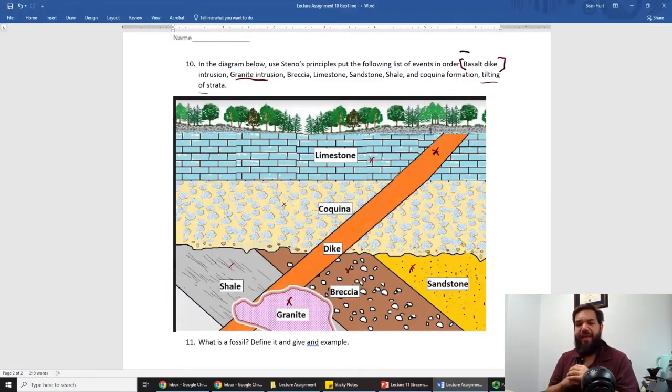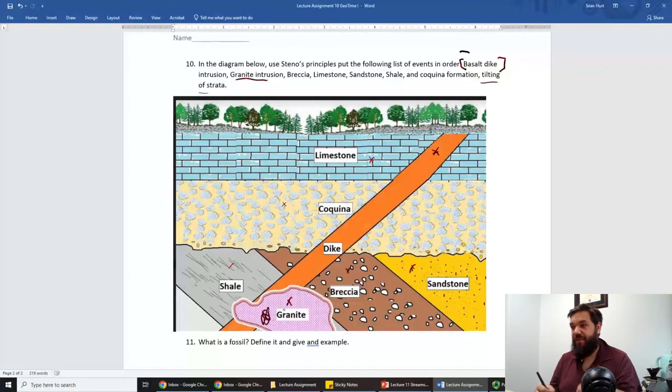Okay, so the first thing, I find it easier to work backwards, so figure out what the most recent thing is. And a lot of times you can figure out that by looking at what cuts everything. So you can see that we have this dike, and the dike cuts across the shale, it cuts across the breccia, it cuts the coquina, cuts the limestone, but it itself is cut by this granite intrusion.